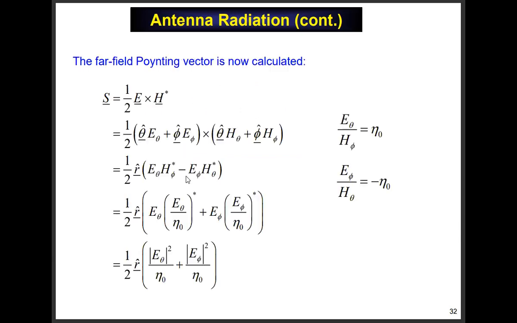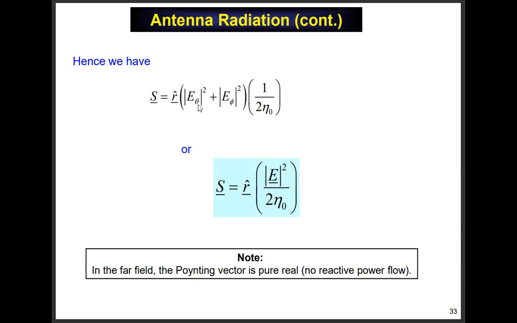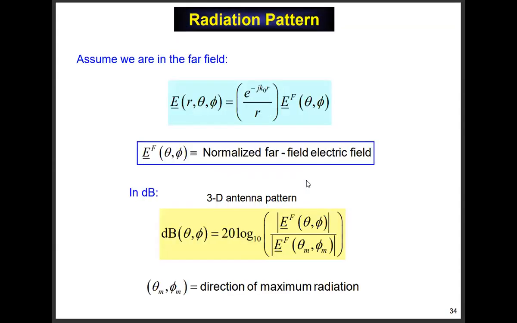So you take the E vector here and imagine dotting with itself conjugate. You'll get E theta times E theta conjugate plus E phi times E phi conjugate. In other words, you get this right here. So this thing means the same thing as this. This is a more compact way of writing it. So there's the pointing vector of any antenna in the far field. Very simple, based on the E field, and again, only watts per square meter.